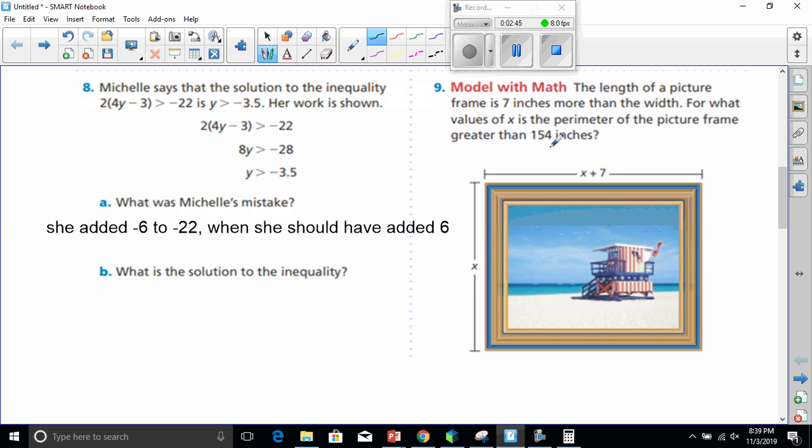This tells me I have 2 x's that make up the width of the perimeter, and the length of the perimeter is going to be 2 times x plus 7. And this has to be bigger than, not equal to, 154 inches.